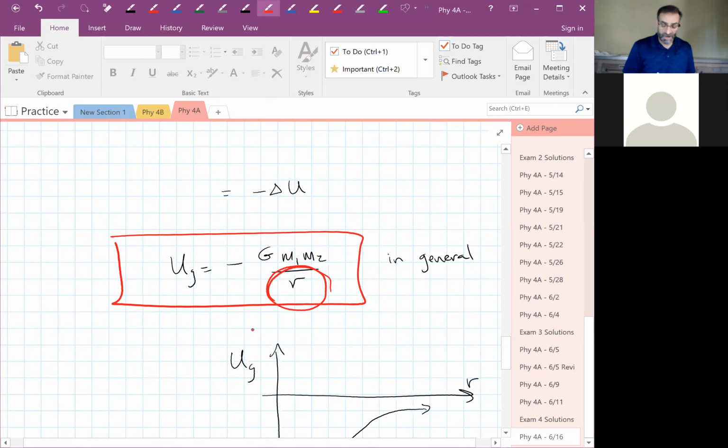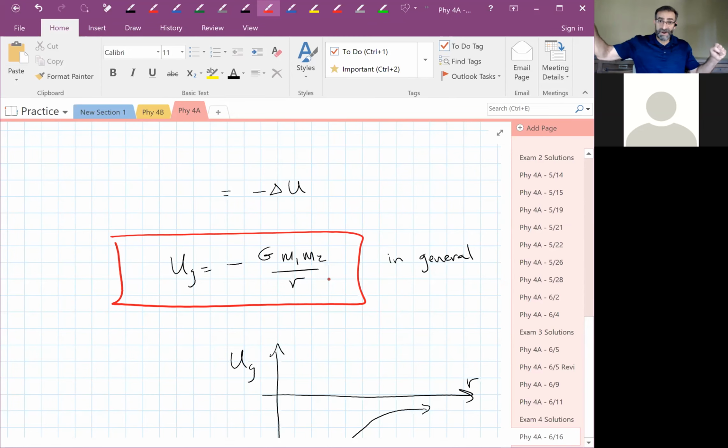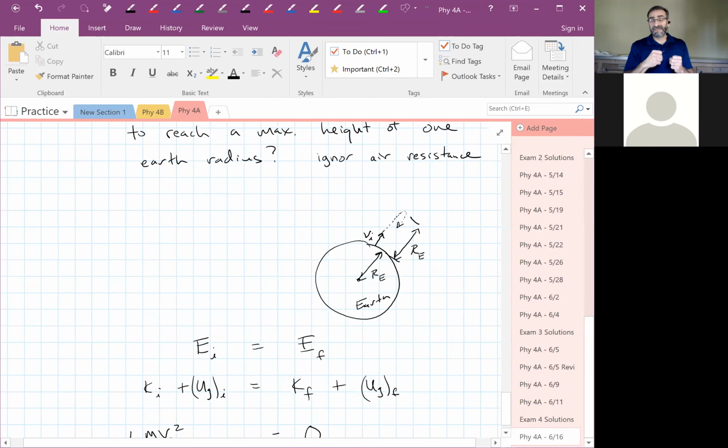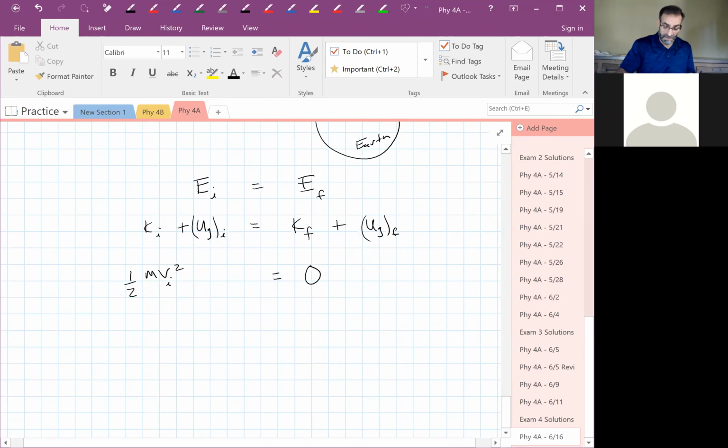That's the only place we can have zero gravitational potential energy, when the objects are infinitely far apart from one another. So in our problem here, we start out with the object on the surface of the Earth, and it goes until it's 1 Earth radius above the surface of the Earth. Are they ever infinitely far apart? No. So we cannot have zero gravitational potential energy anywhere in this problem.